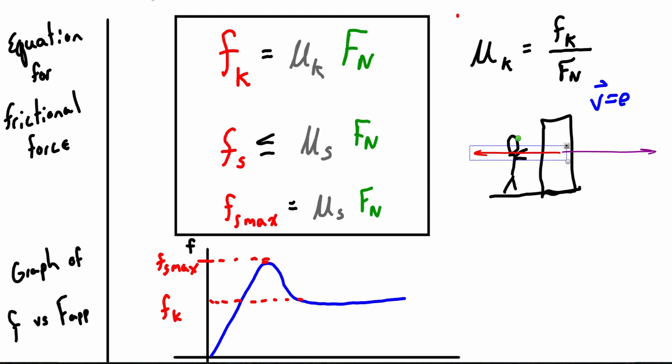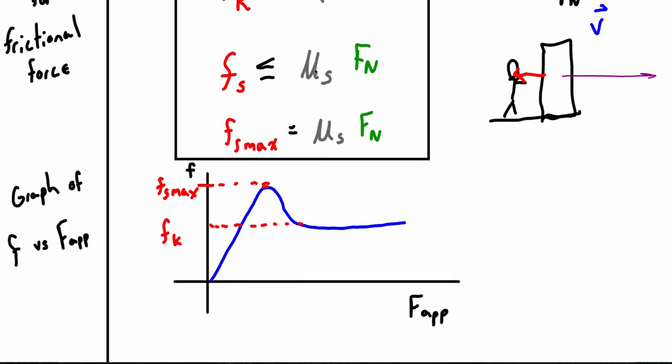So your frictional force then is going to drop and you'll end up with a movement. In that case, now your velocity is not equal to 0. You have some kind of velocity, you are now in motion, and you've switched from static to kinetic.